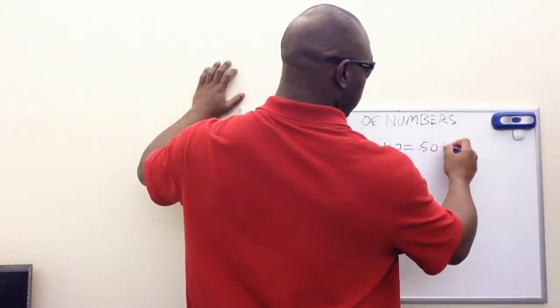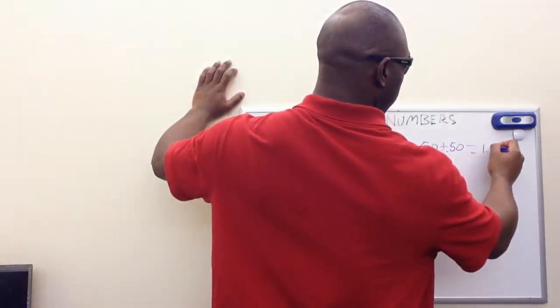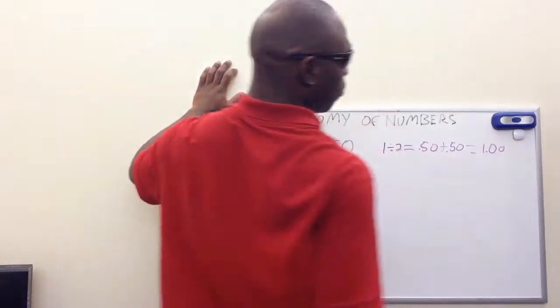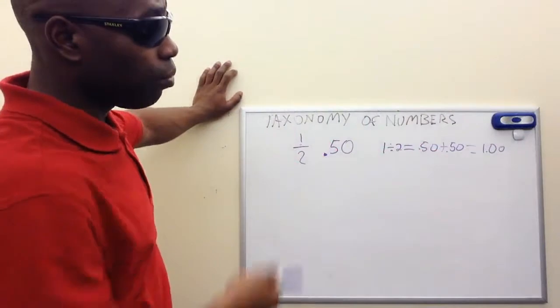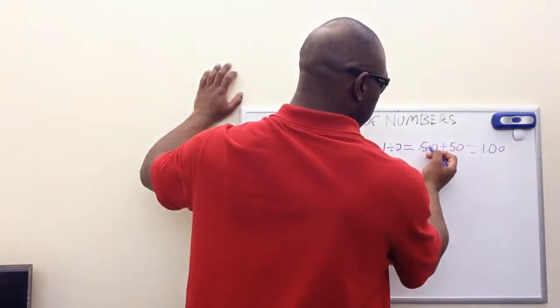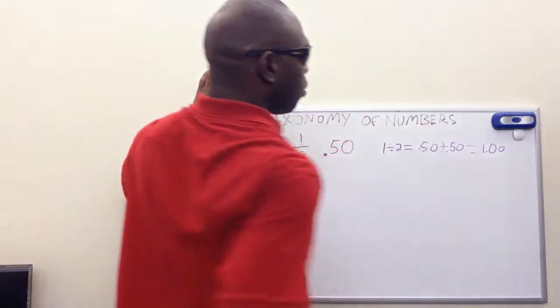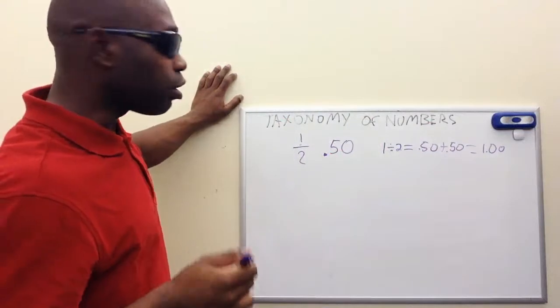Because 0.5 plus 0.5 equals 1.00. Because 50 plus 50 is 100. The decimal point is here, so when you add this 5 to this 5, you get a 1 to the left of the decimal. That'll give you 1.0, which will give you 1.